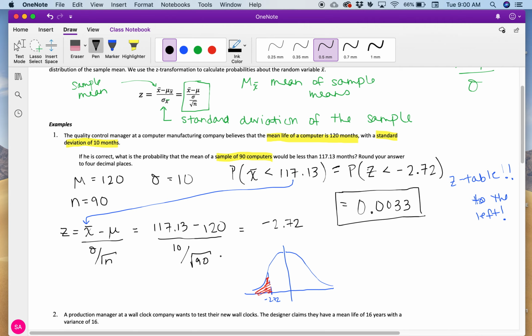Calculate it, and once that gives you your z-score, rewrite your probability statement in terms of z, and then look it up. Sometimes there might be a little extra work to figure out that area.